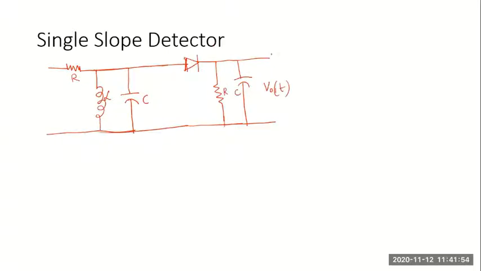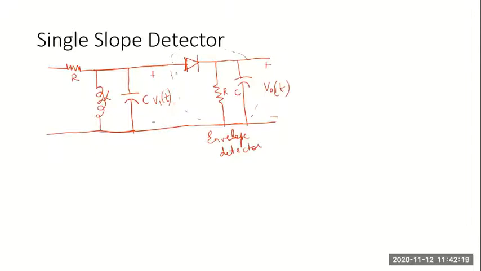Diode with R and C. You have forgotten this circuit? What is this? Isn't this the envelope detector which we studied? Envelope detector for demodulation of AM.